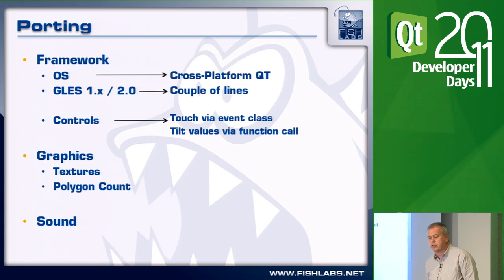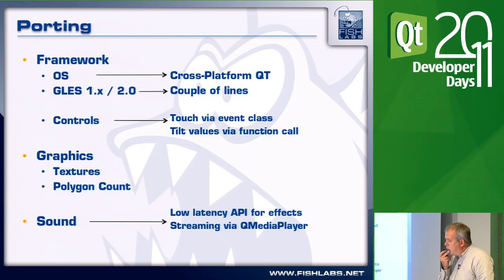And of course, sound. Sound is also a big issue on all platforms, how many layers of sound you can use and so on. And like Jani and Mika mentioned, there's also a very elegant way to address this issue. You now have a low latency API for effects. Currently, we are still using QMediaPlayer for the streaming, but maybe this will change in the future.